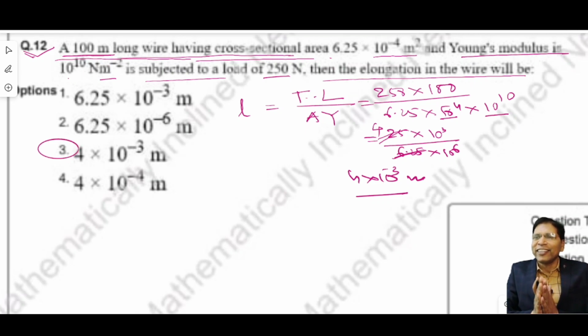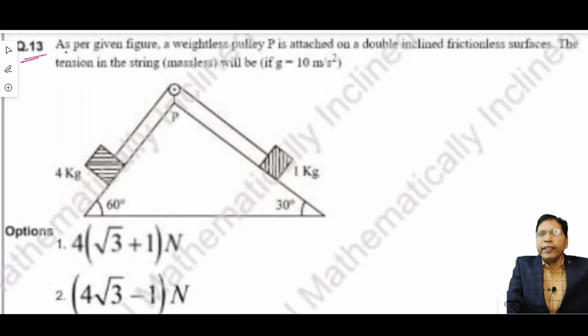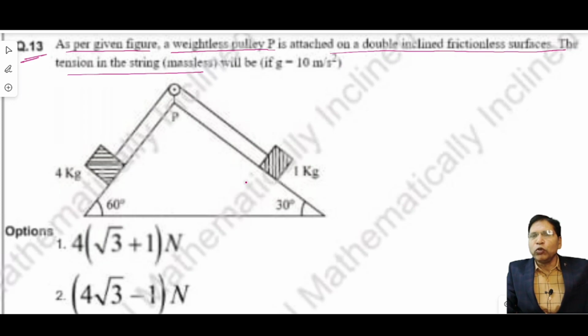Okay. Next. Now question number 3. As per the given figure, a weightless pulley P is attached on a double inclined frictionless surface. We have to calculate the tension in the string. First of all, we have to calculate acceleration. Now, acceleration is the net force by total mass.